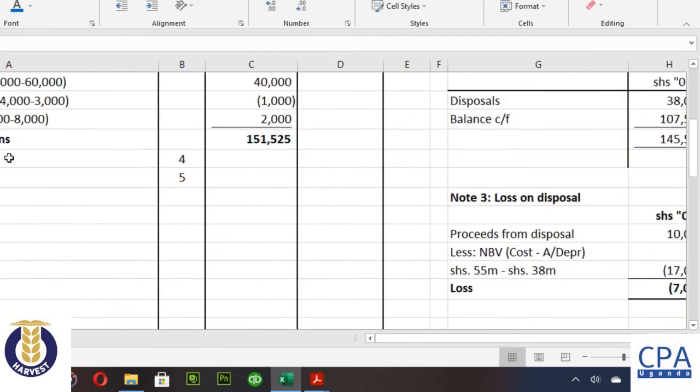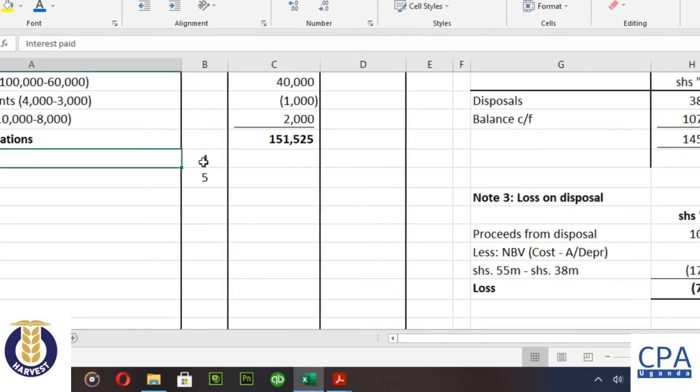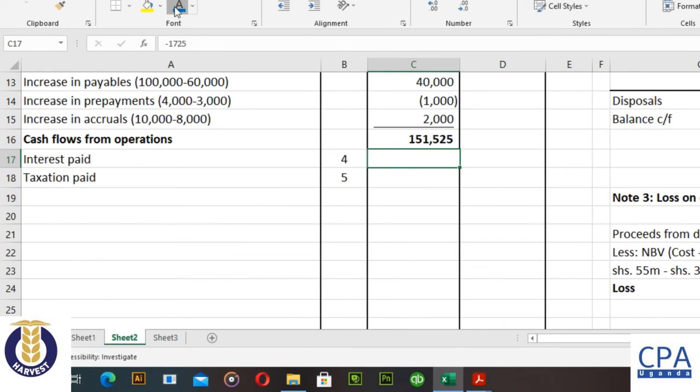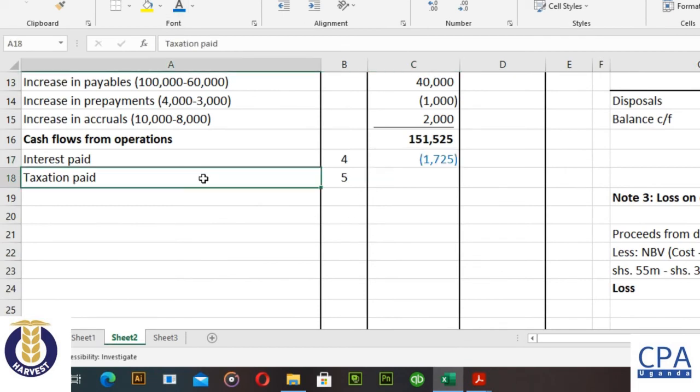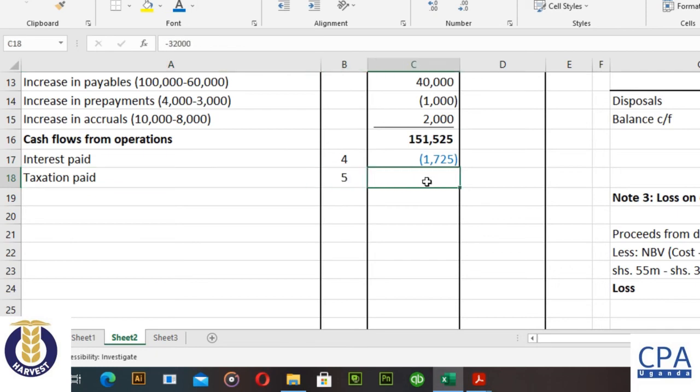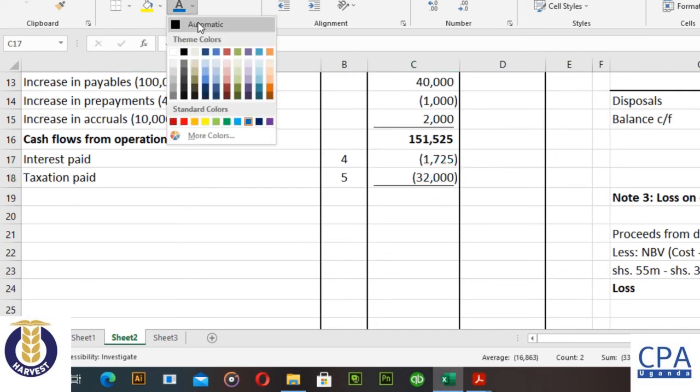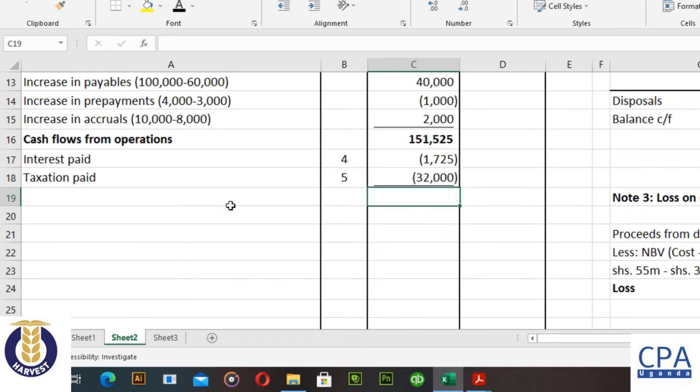So to the cash flow statement, I have note number 4, that is my 1,725,000, and then the taxation paid as per note number 5 comes to 32 million shillings. So these ones, I picked them from the T account.